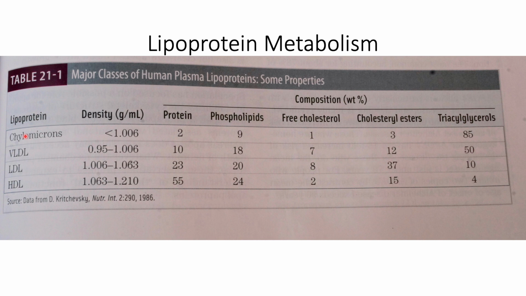As you further centrifuge and get further fractions, you get VLDL, and as you go through the sequence from chylomicrons to VLDL to low-density lipoprotein to high-density lipoprotein, the density not only increases, but the amount of protein increases, the phospholipids increase, and the triacylglycerols drop in their relative composition.